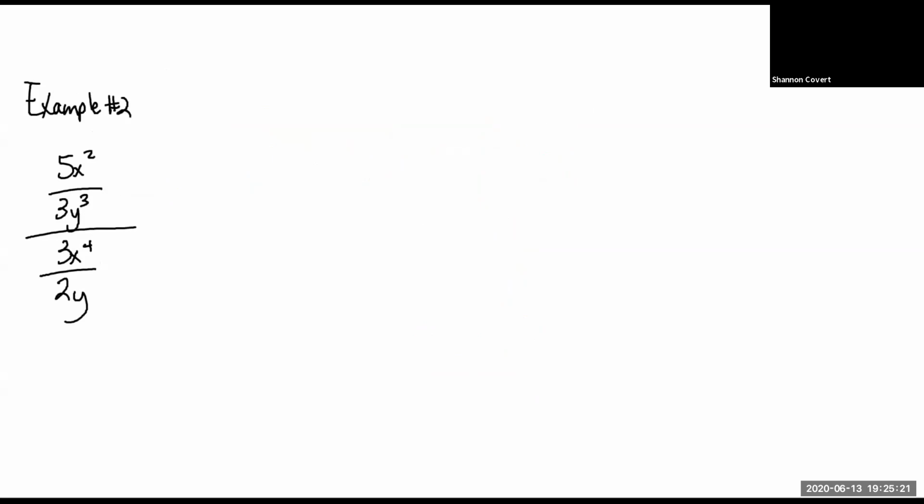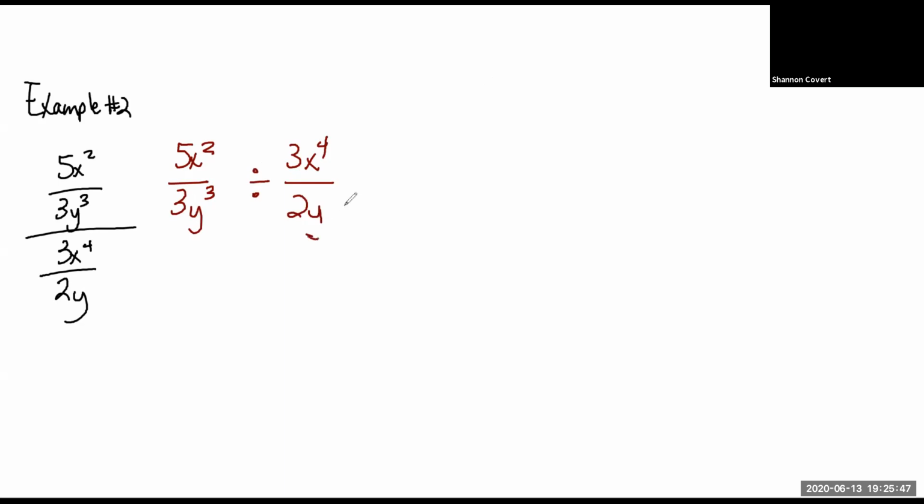Example number 2 is 5x squared over 3y to the third over 3x to the fourth over 2y. I will rewrite this as 5x squared over 3y to the third divided by 3x to the fourth over 2y.